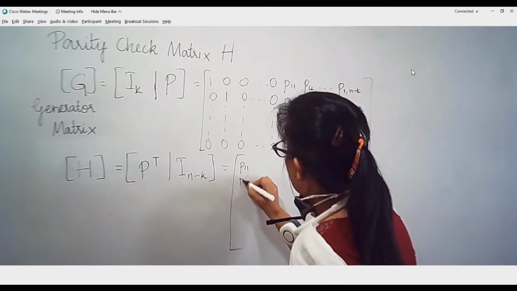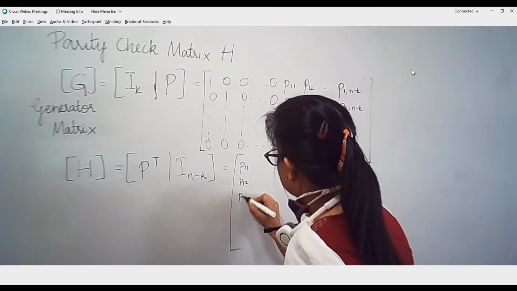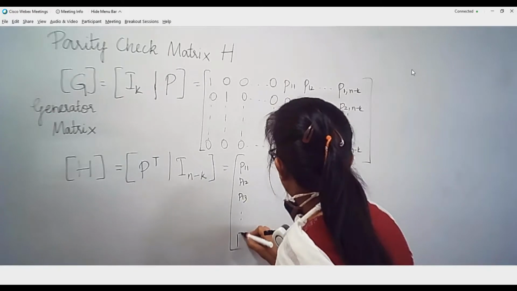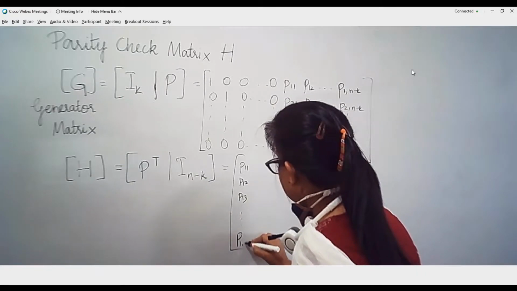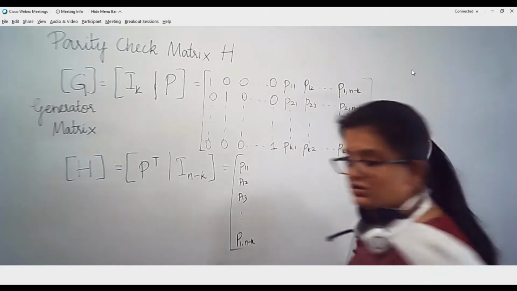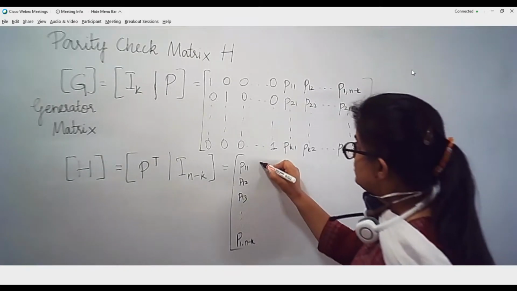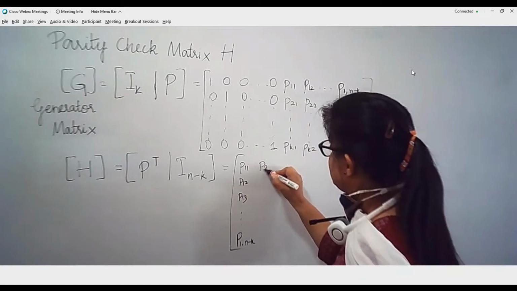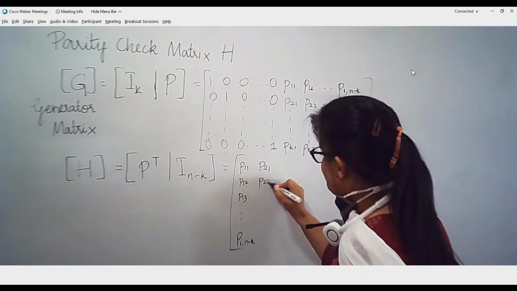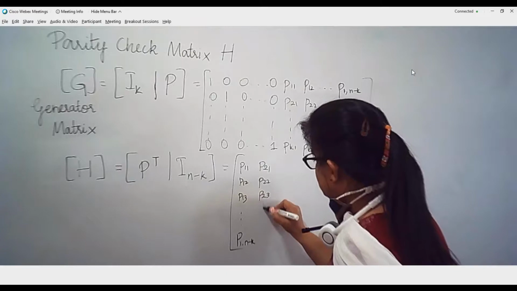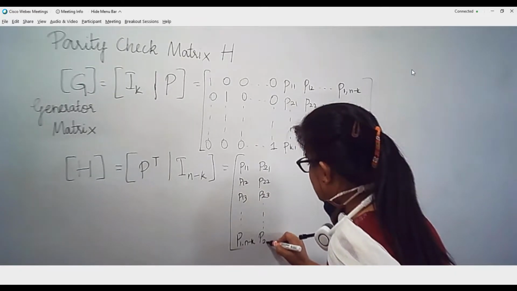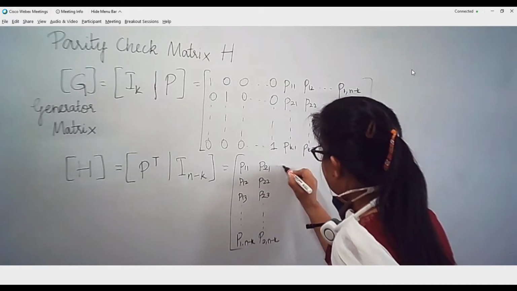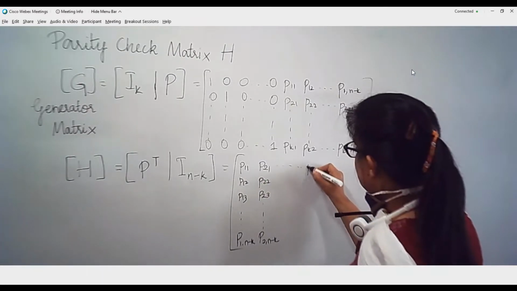In general, this could be written as P11, P12, P13, so on up to the last parity bit in the first row, P1, n minus k. The second row would be the second row of the parity matrix, which is P21, P22, P23, so on, P2, n minus k. Like this we can continue.